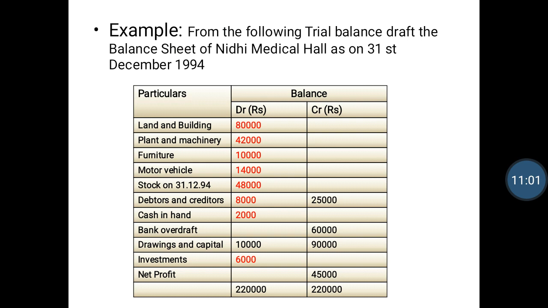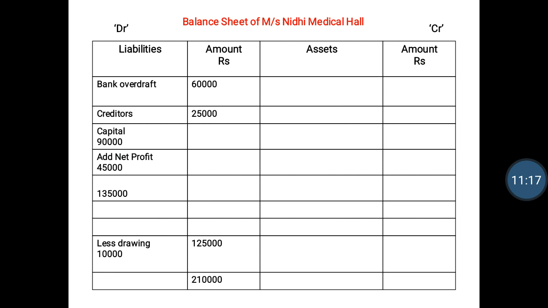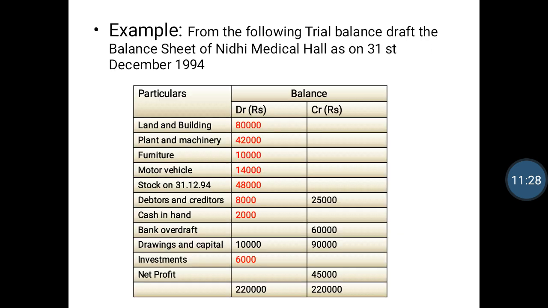So in this way, select those particular liabilities, and here the first entry, that is debtor and creditor. Debtor, it is an asset, and creditor, it is a liability. So that's why on the liability side, the first entry is creditor, that is 25,000, that is the second entry. Before that, the first entry, that is bank overdraft, it is 60,000.